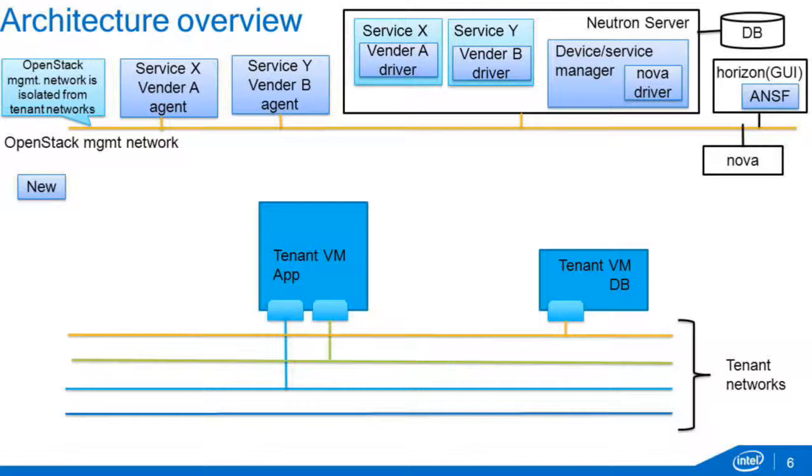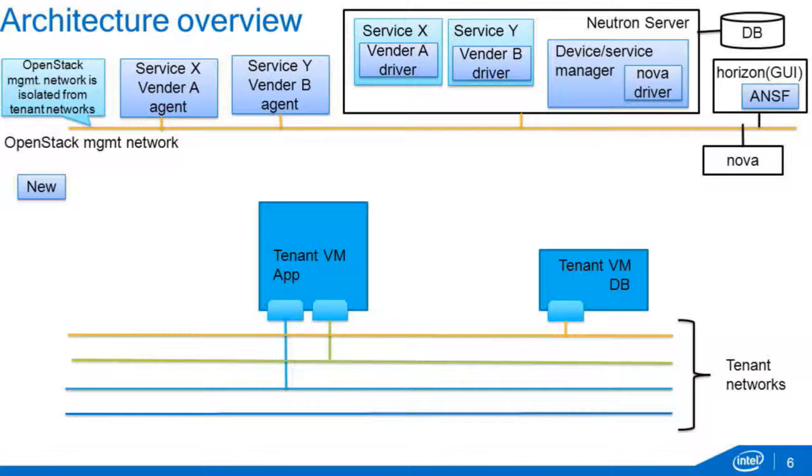To publish their web application to internet, he wants to insert web firewall service between public network and application servers and database servers. So he requests to insert those firewall between them.